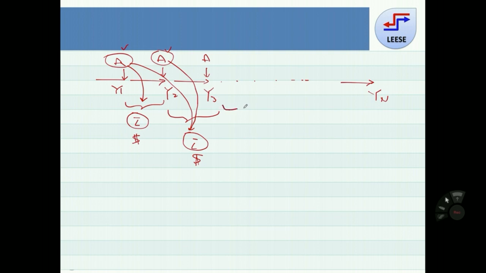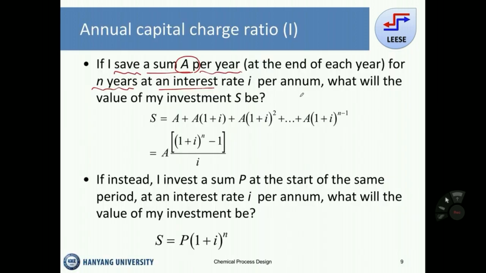So from the 3rd year to the 4th year, I have another A, okay? That will have the interest rate. Additional interest will be accumulated year by year based on the year of putting the money into the bank, okay?